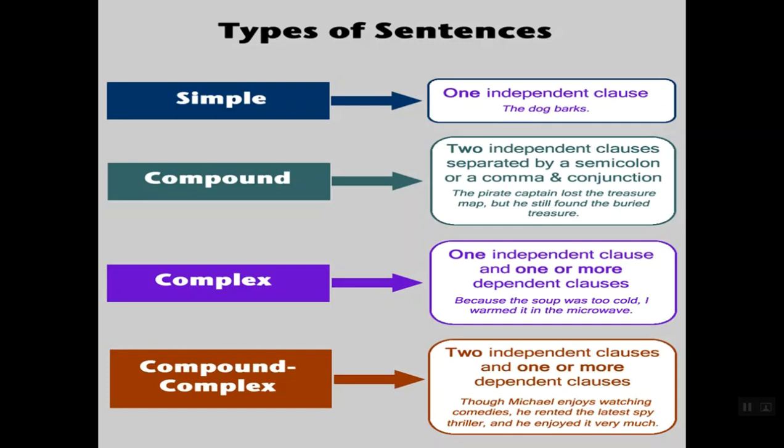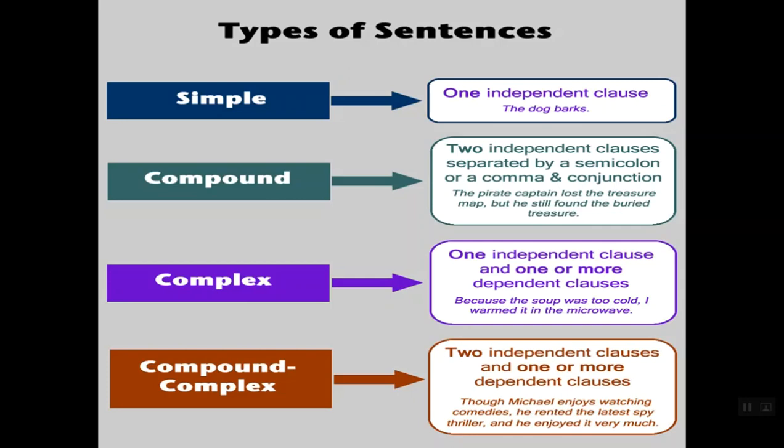It is a full sentence. It doesn't need any help. But dependent or subordinate means that it cannot stand alone. Why can't it stand alone? Because it doesn't carry the complete sense, the complete thought.